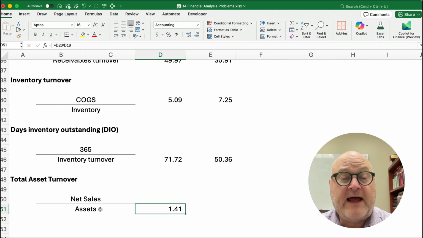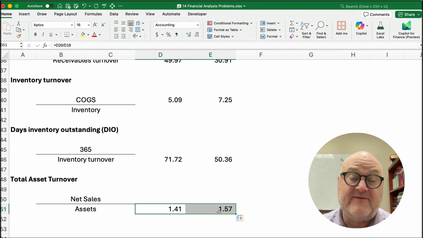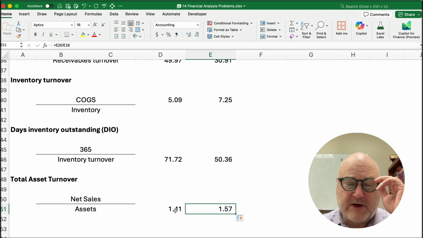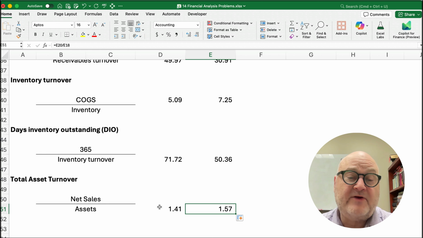So here, how effective, how efficient are we using assets to generate net sales? Well, every $1 of assets generates about $1.41. Well, what is it the year before? Well, $1.57. The previous year, once again, a little bit better than the current year. So this is how efficient we're using our assets to generate revenue.